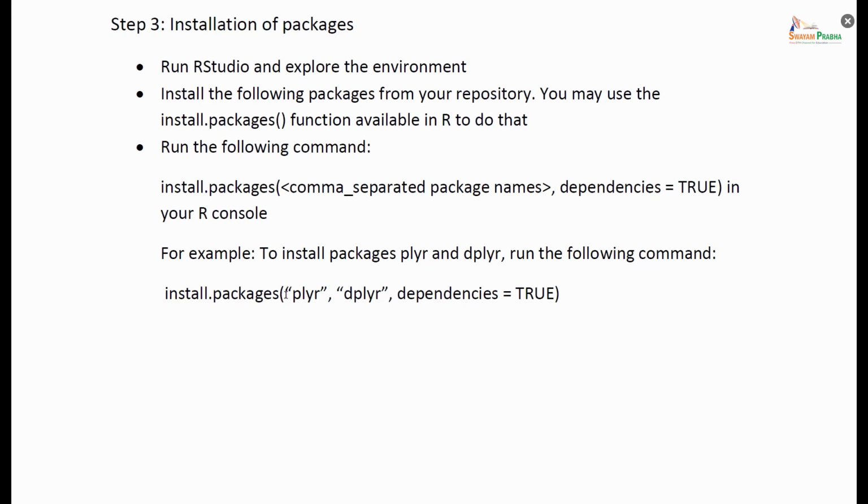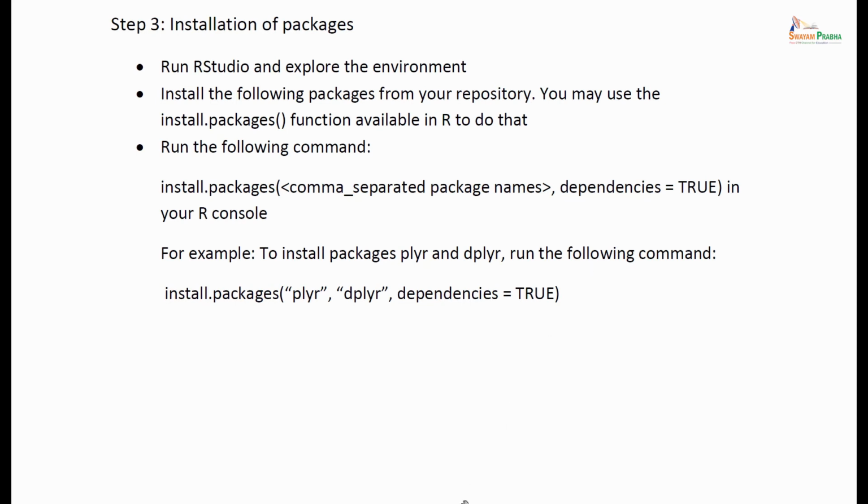Inside the function, we've given the package names inside double quotes. You can use either single or double quotes. If you want to install multiple packages at a time, you can just separate the package names by a comma like we've given here. So here we are installing two packages using the same command in a single line, and you just need to set dependencies equal to TRUE.